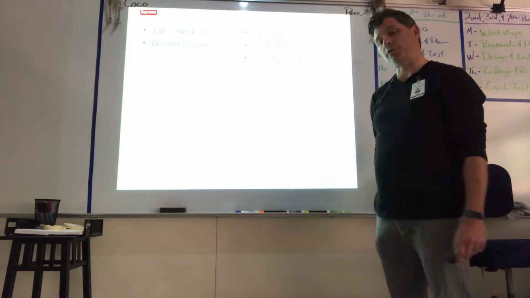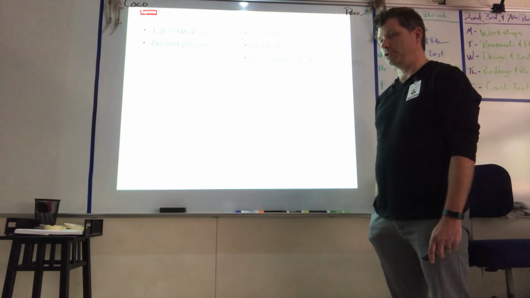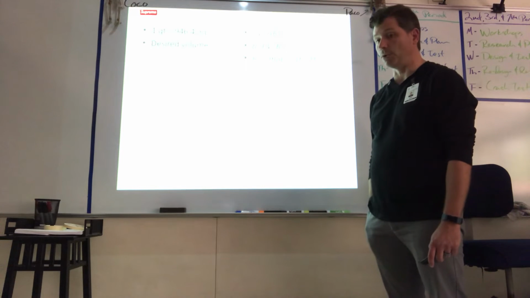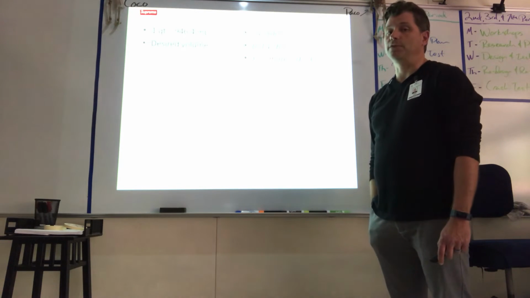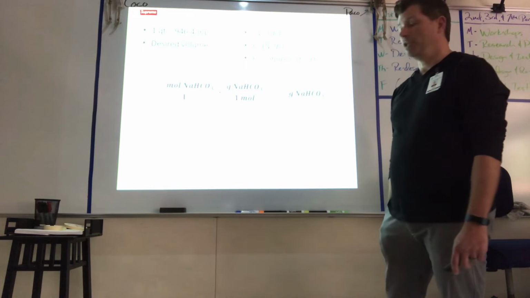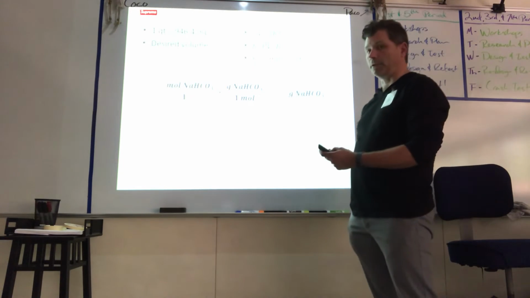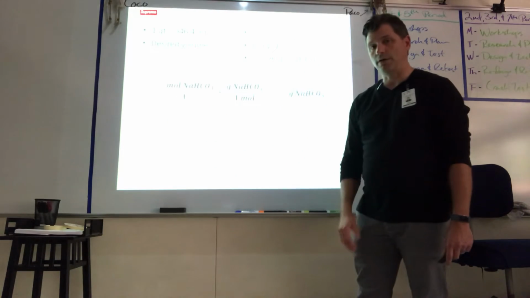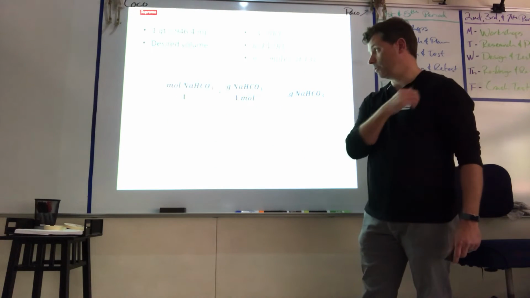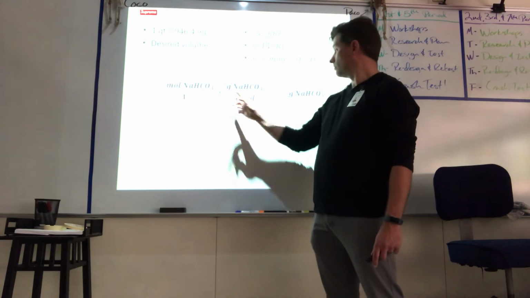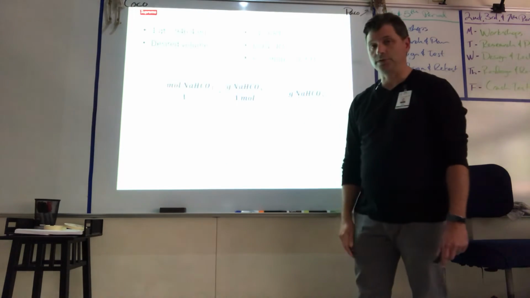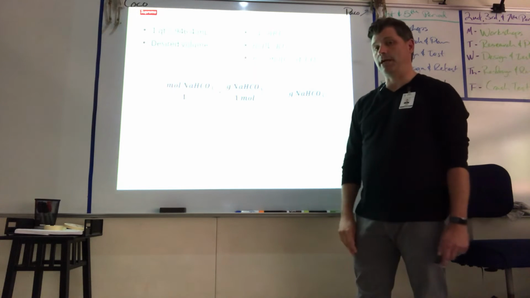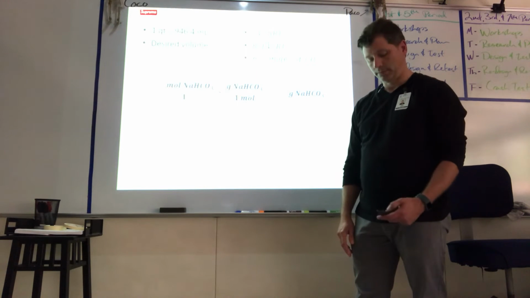Well, if I know the moles of carbon dioxide, then I should be able to figure out the moles of acetic acid, and the moles of baking soda. Let's just talk about the sodium bicarbonate, the baking soda. If I know how many moles of baking soda I need, and I've been given the molar mass of the baking soda, I can figure out how many grams of baking soda I need.